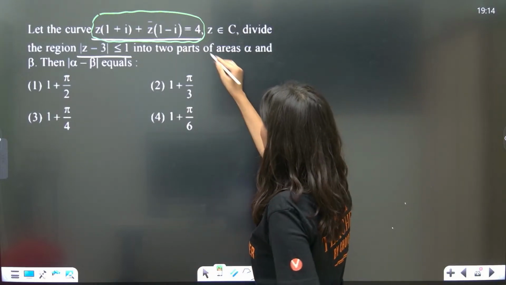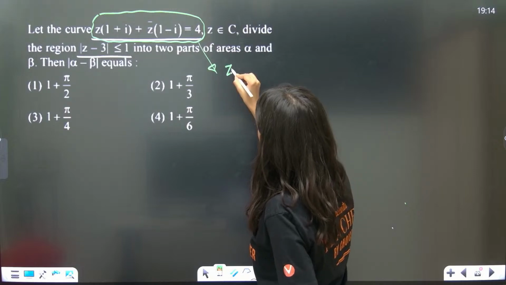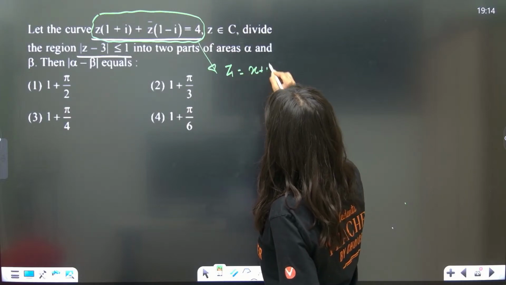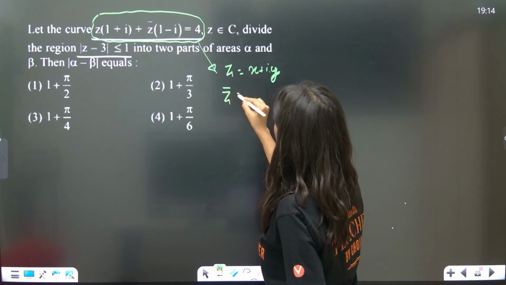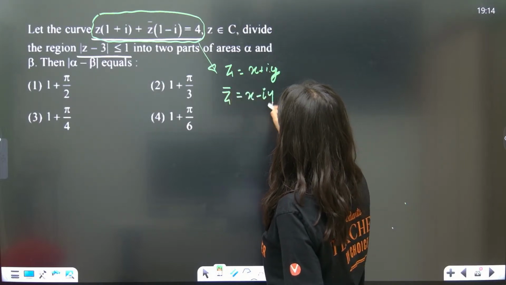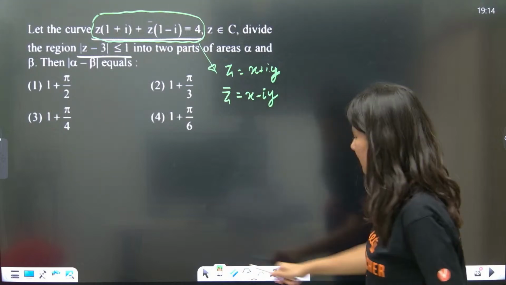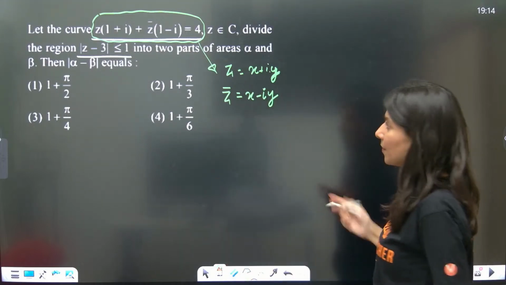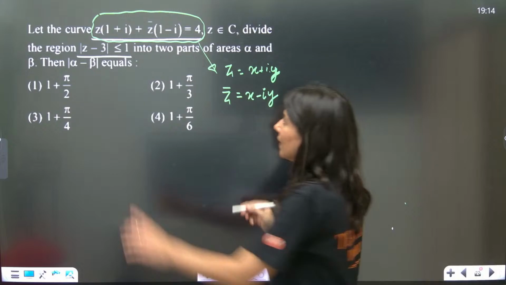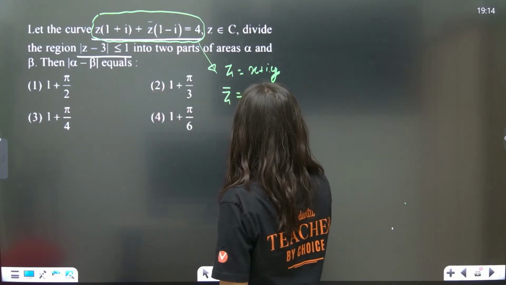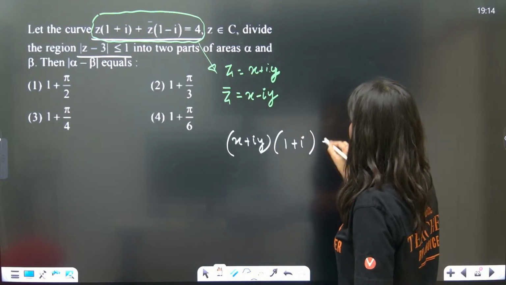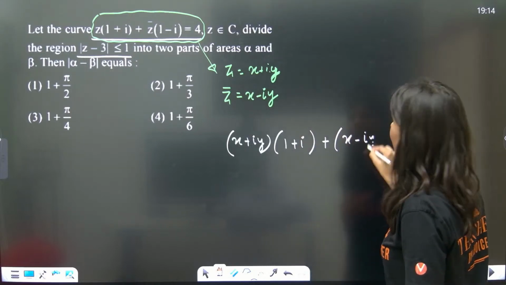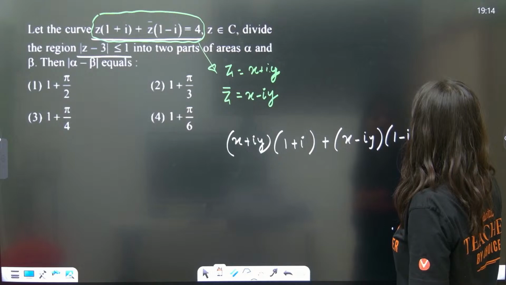Now what I'm going to do is put z as x plus iota y, and z bar will be x minus iota y, the algebraic form of complex numbers. Then we have (1 plus iota)(x plus iota y) minus (1 minus iota)(x minus iota y) equals 4.